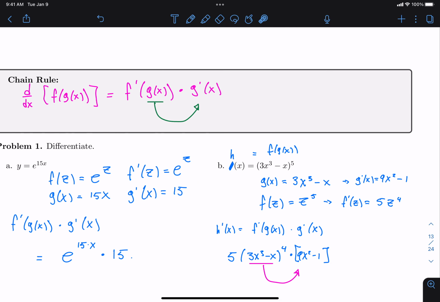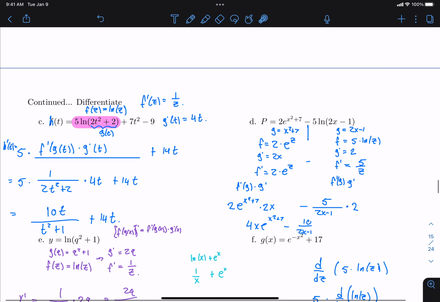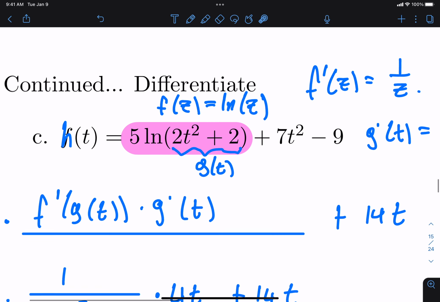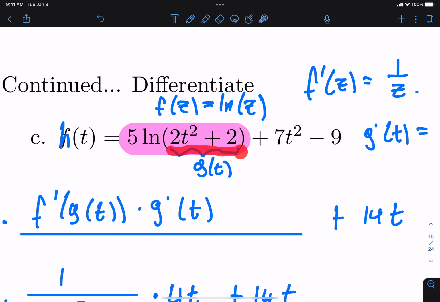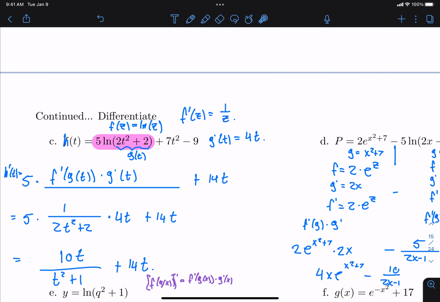It can look like one function that's being raised to a power, or the natural log of a function, where we see a whole function in between two parentheses. That's immediately screaming out as a composition.